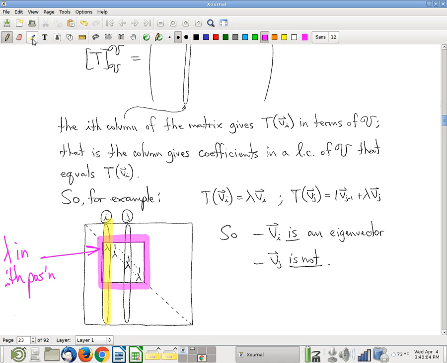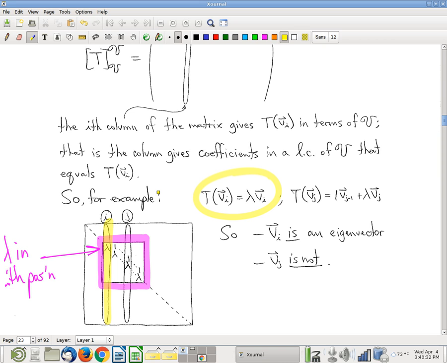And as such, I draw this conclusion. This is the ith column, so it's telling me about T of v_i. It's 0v_1 plus 0v_2 plus 0v_3 plus 0v_4, etc. Now, there's a lambda in the ith position, so that means I'm going to have lambda v_i.